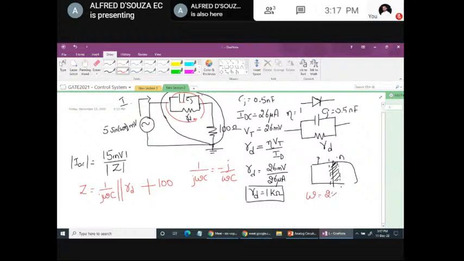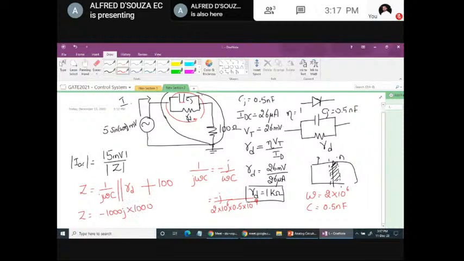It is 2 into 10 power 6. C is given in the question, 0.5 nanofarad. So if I substitute, I'll get minus j by 2 into 10 power 6 into 0.5 into 10 power minus 9. So this part will be equal to minus 1000 j.